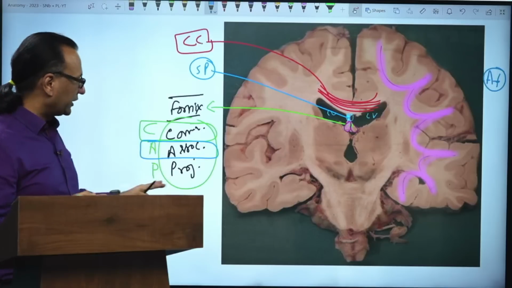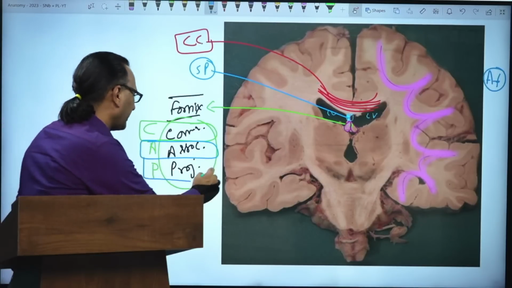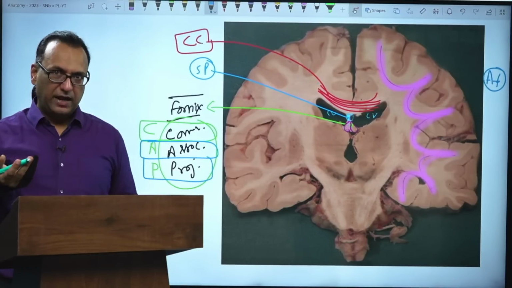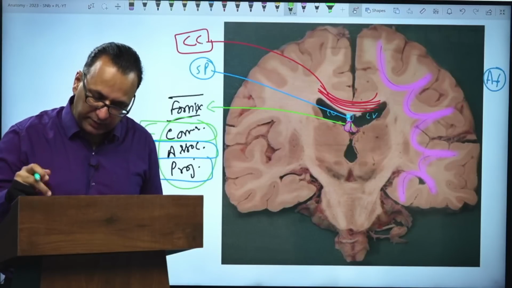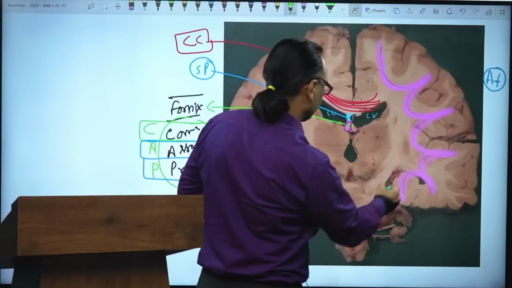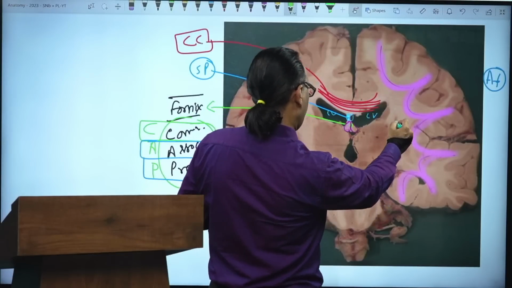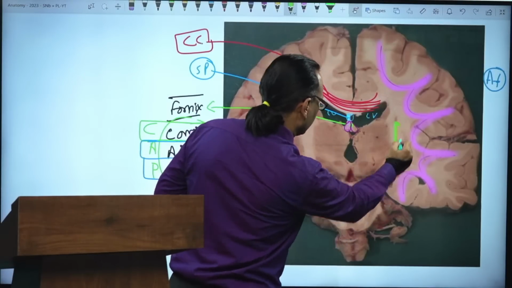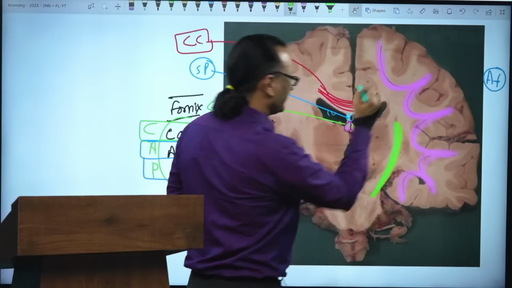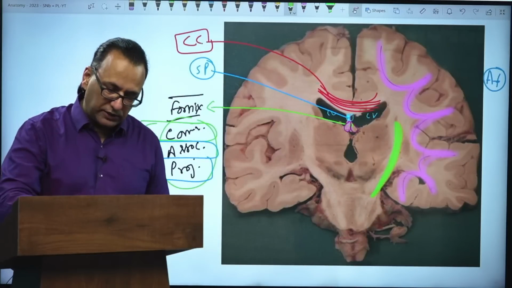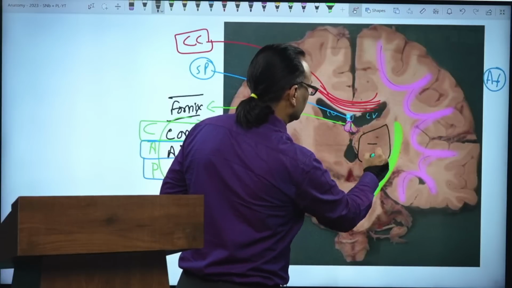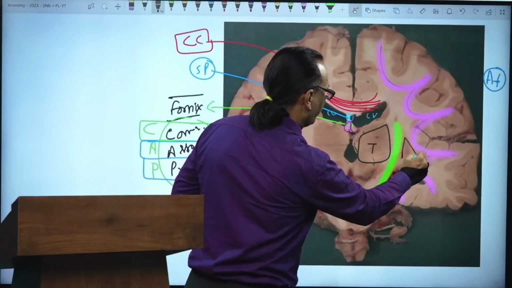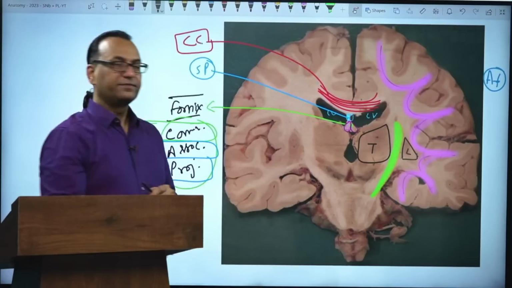And how is it a projection fiber? It is a projection fiber like the internal capsule. You see, the internal capsule is a projection fiber. Let me show. This is the internal capsule. How do you know this is the internal capsule? Because this is the thalamus here, and the lentiform nucleus there.